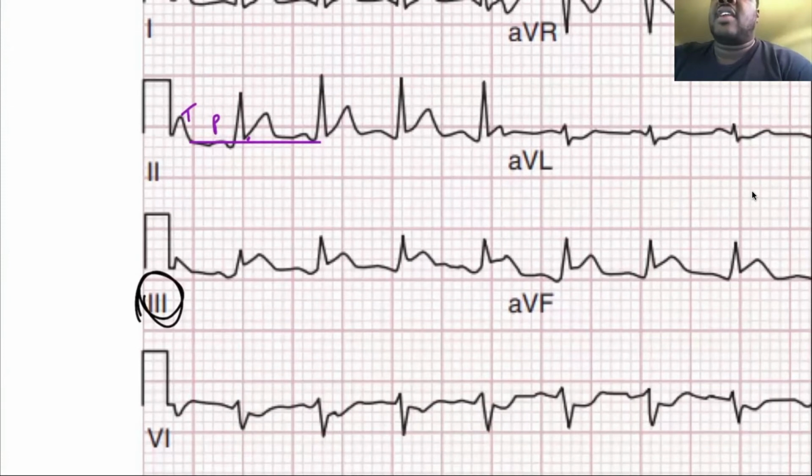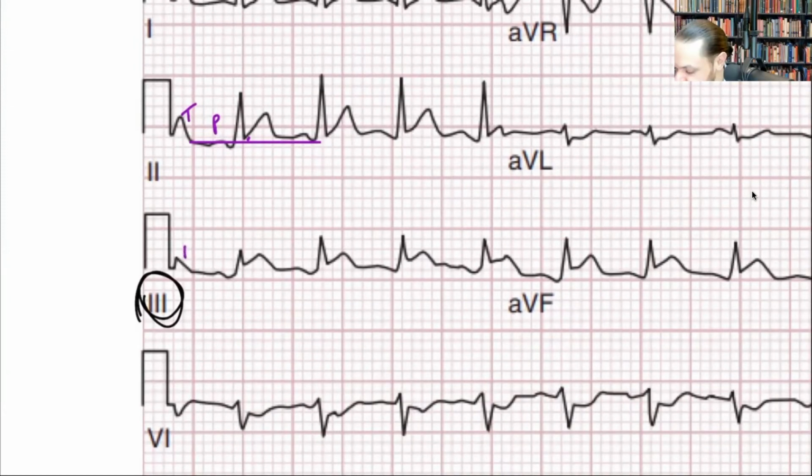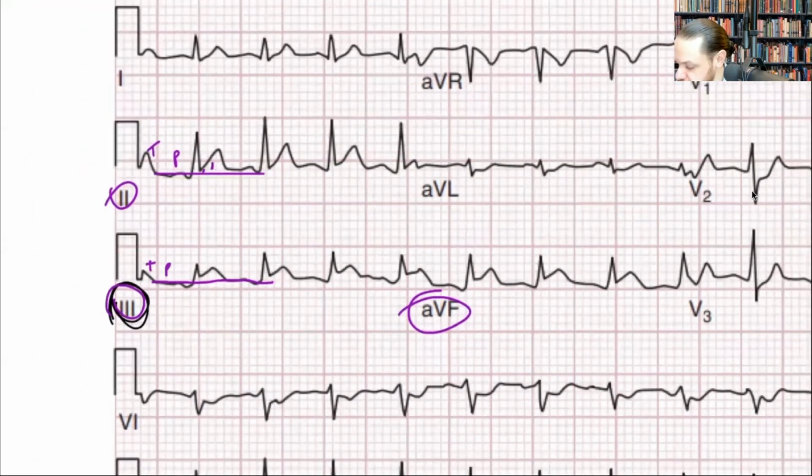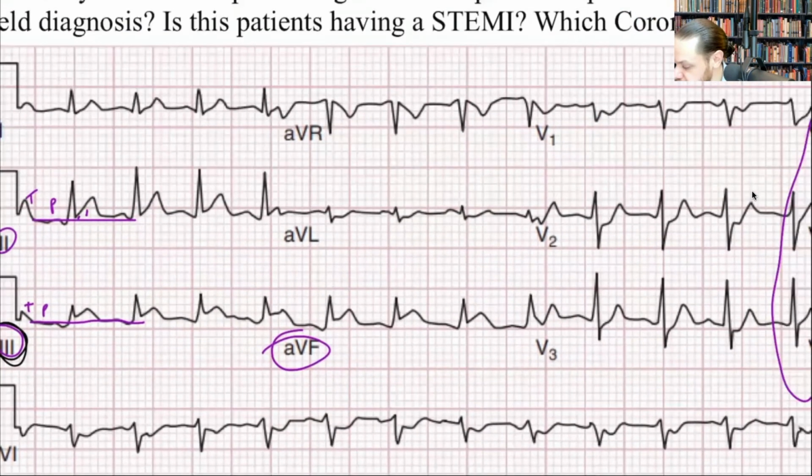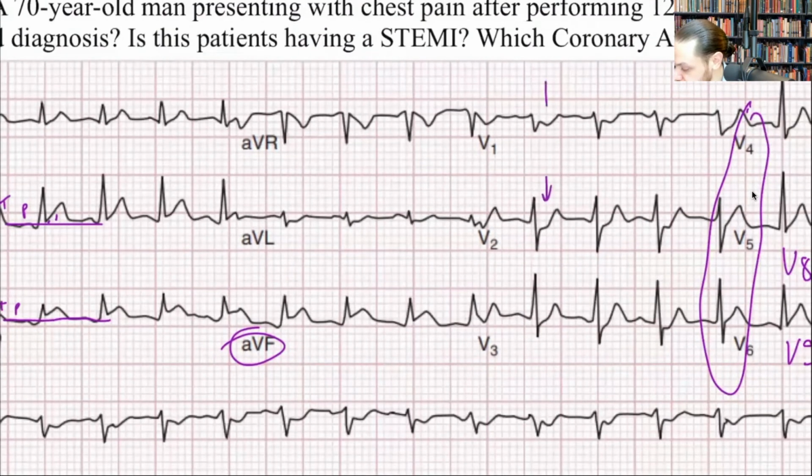Sometimes in some leads it's very prominently seen, but here I would count this and this as my elevations, and I would say these are my depressions.